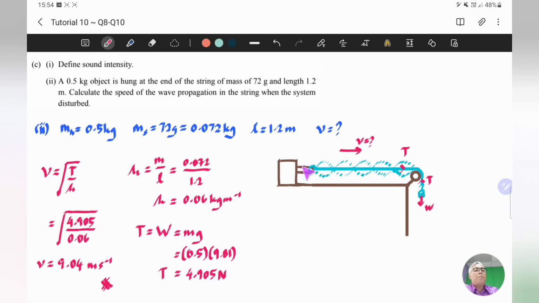By vibrating one end of the string here, what happened? A transverse wave is produced. It's not a standing wave, transverse wave only, sorry. They ask you to find the speed of the transverse wave.